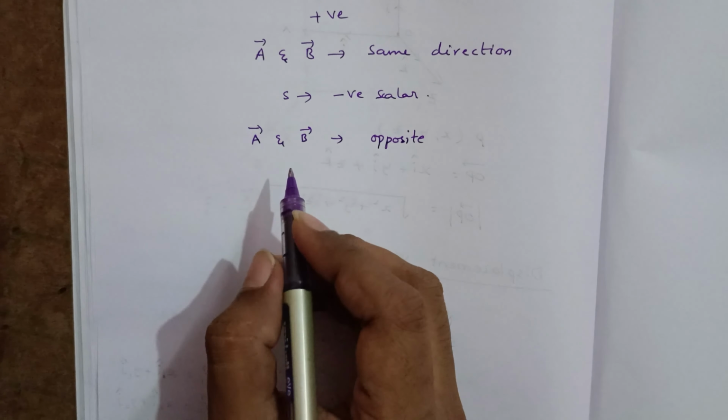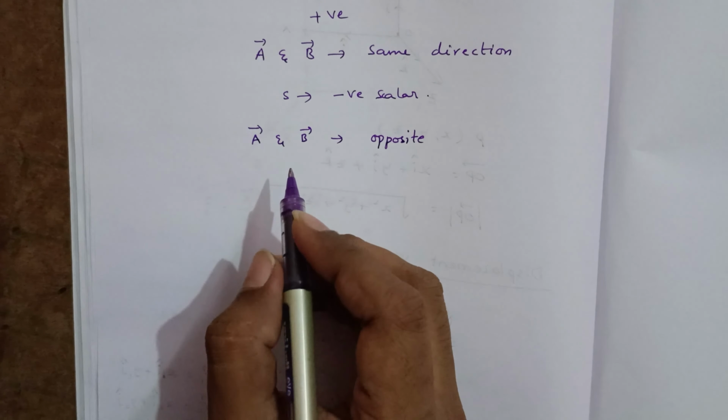Next, it obeys the associative law when multiplied with a scalar: n into a bar into m is equal to m n a bar, where m and n are scalars.